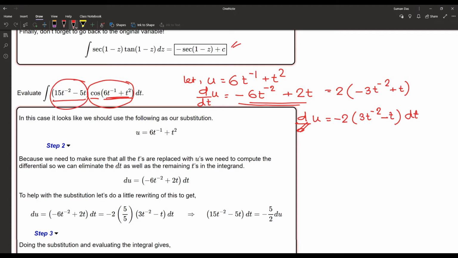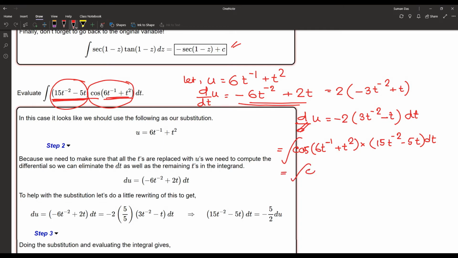Now look at the problem here, that has been given 15t^-2 - 5t. So for the problem here we are once again writing it in an exchanged manner, just changing the position, given 15t^-2 - 5t.